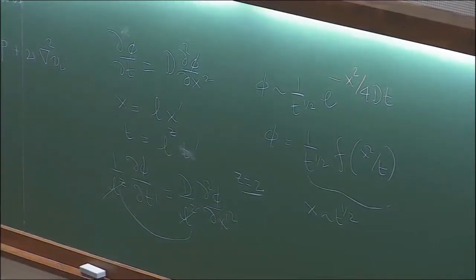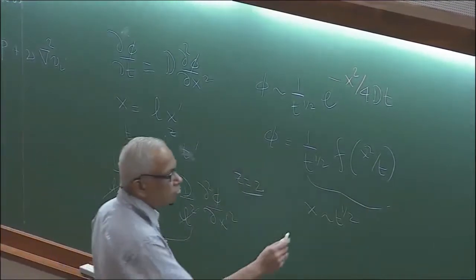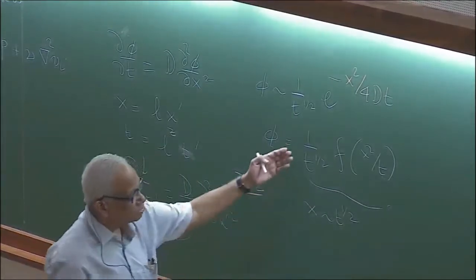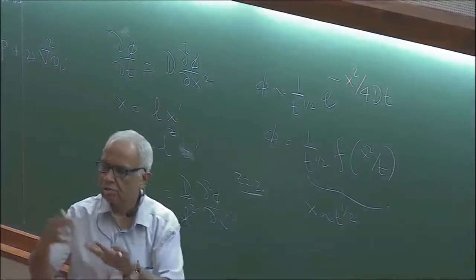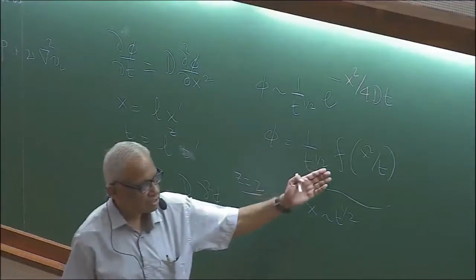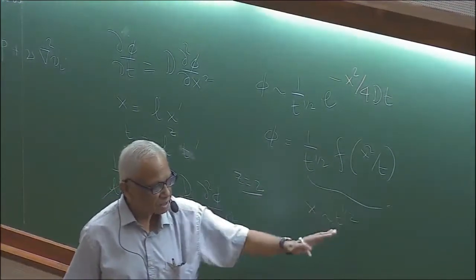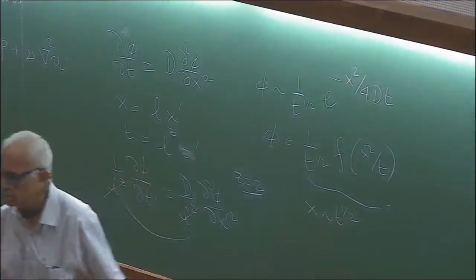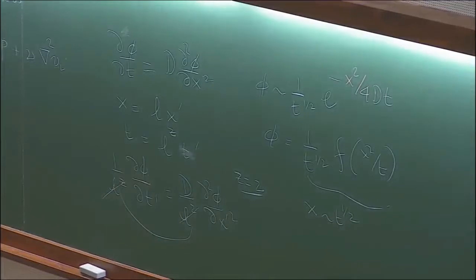and therefore the solutions of x and t would have the structure 1 over t to some exponent, which you would have to find, and then the dimensionless combination that comes into the picture is x squared over t. So that's the standard diffusion equation.